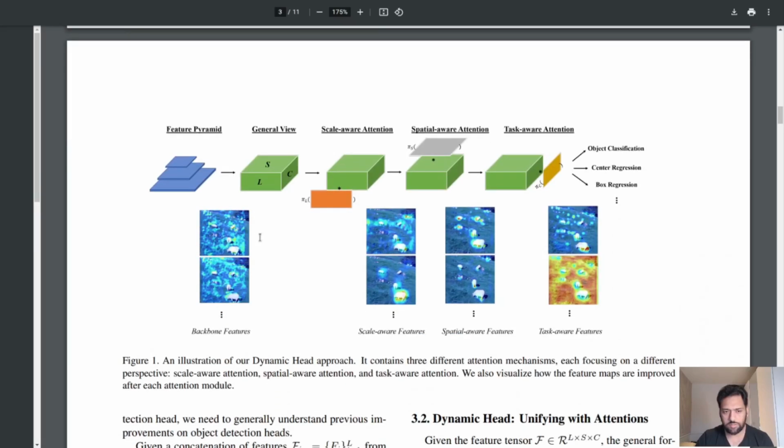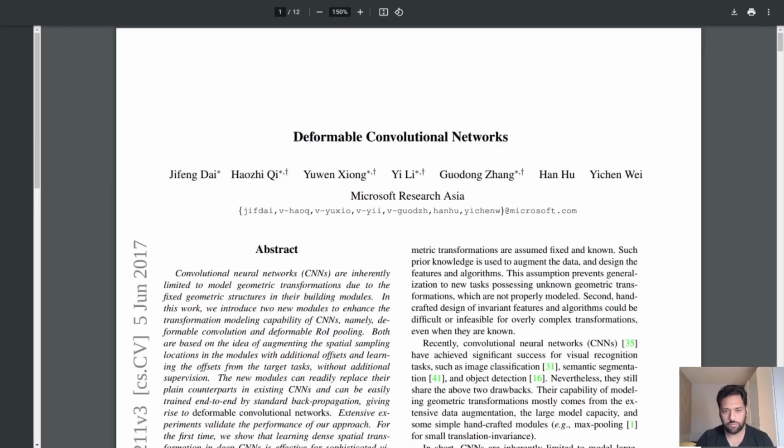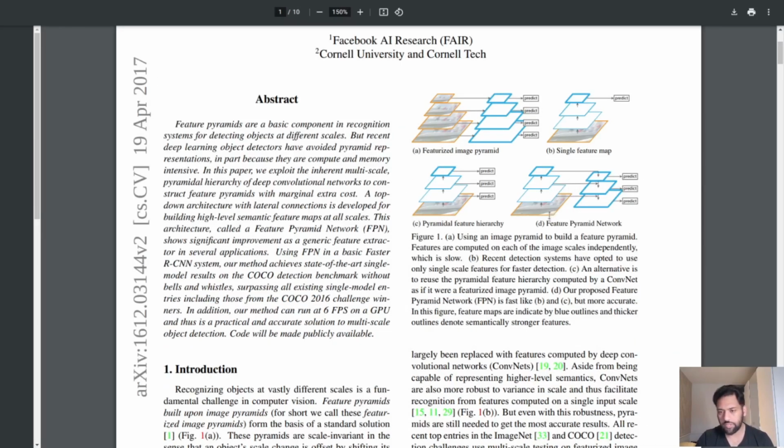So this is the architecture of this model, and for object detectors what we have is first the feature pyramids. If you're not aware, for object detectors we have these multiple pyramids of features.